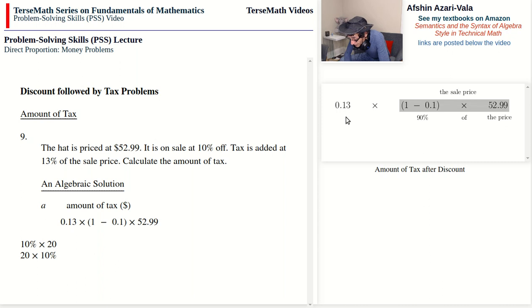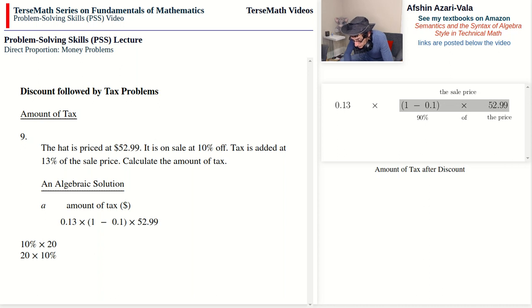And then, to find the amount of tax, we find 13% of the sale price, which is the whole of the shaded part of the equation, which itself is 90% of the price. Right? So this is the price, include 1 minus 0.1, and now you're talking about 90% of the price, which is the sale price. And then find 13% of that.